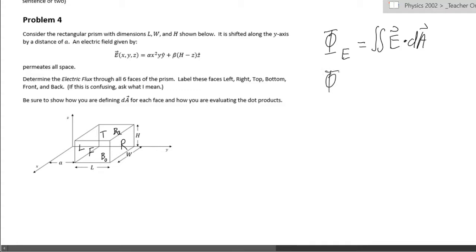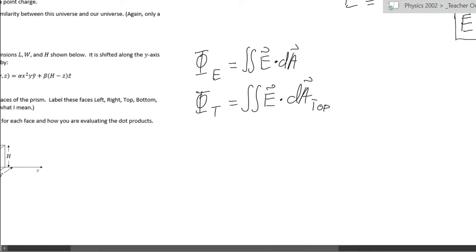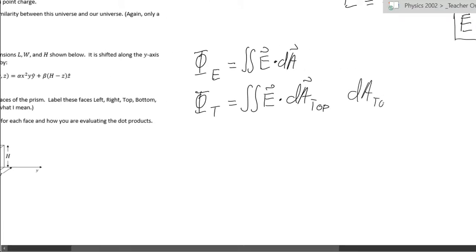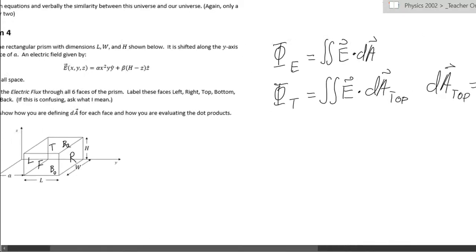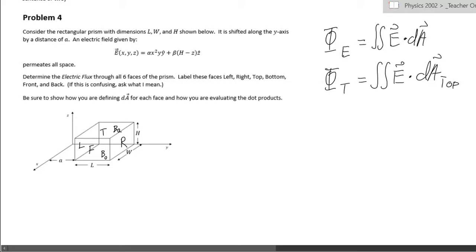So phi sub top is going to be equal to the integral of E vector dot dA top, and dA top is going to be equal to Z hat times dx dy, right? The vector that points perpendicular to the surface is in the z direction, and the little pieces that form this area are in x and y.